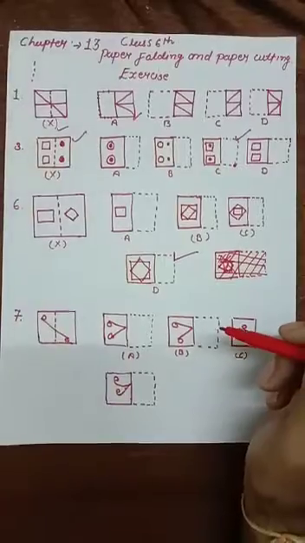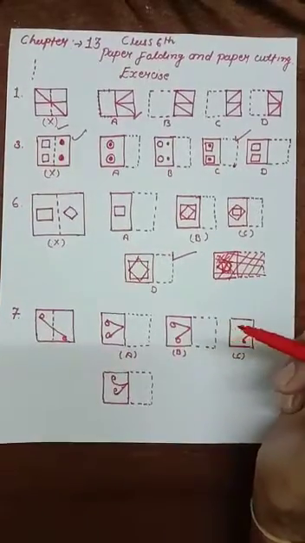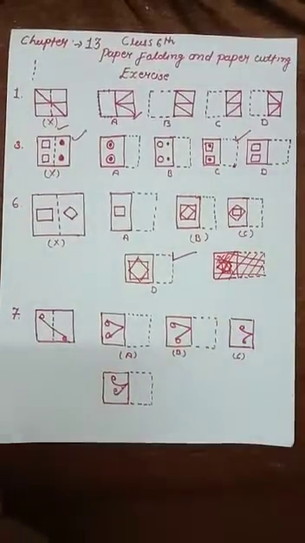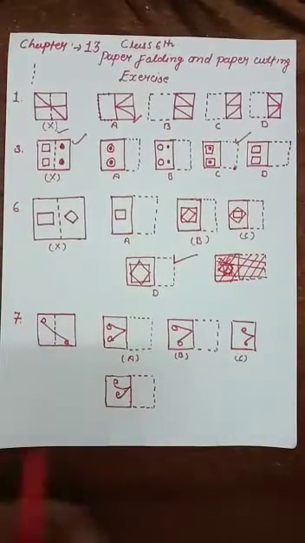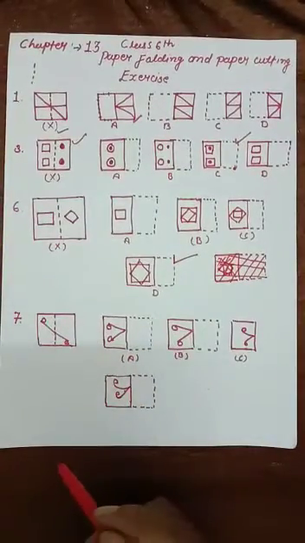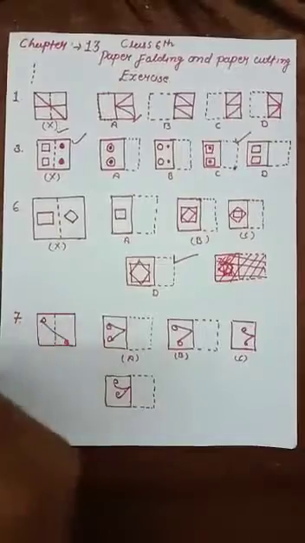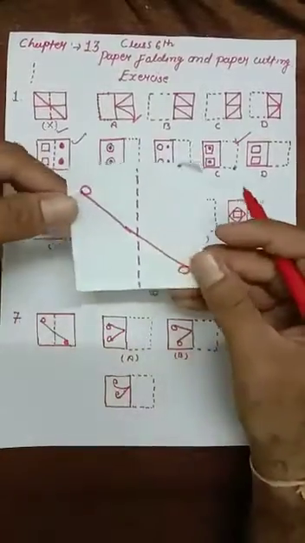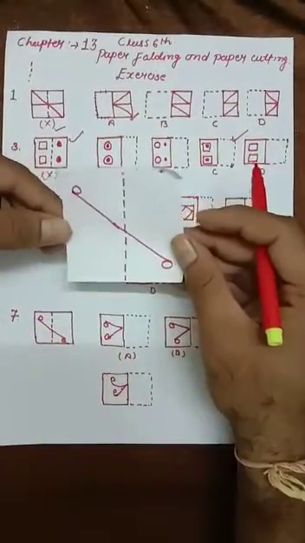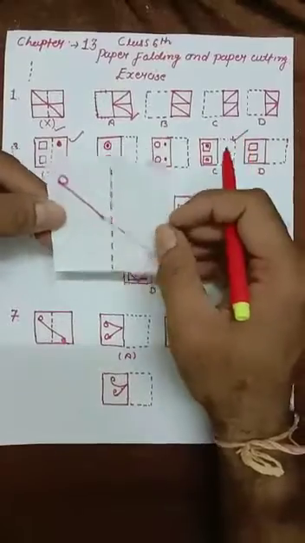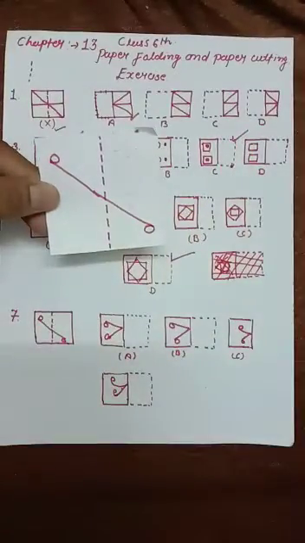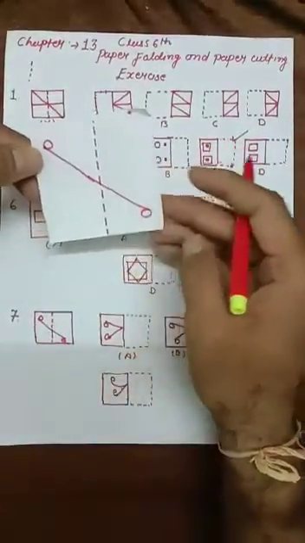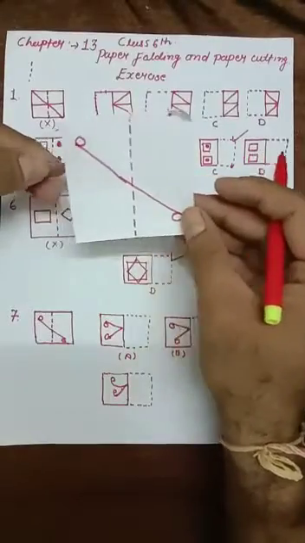Now come to the next question, that is question number fifth. Question number 7, that means in this part we have a question. Now see, again we have taken this transparent paper, which is also being folded from the middle part.